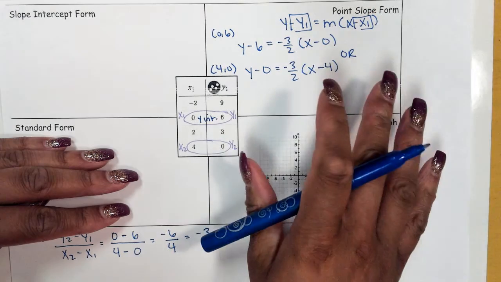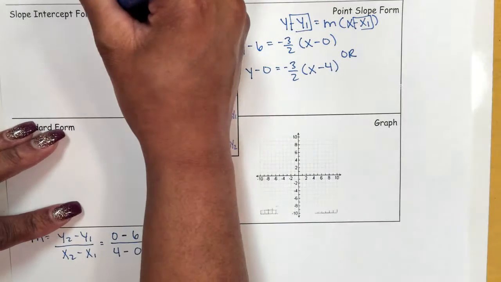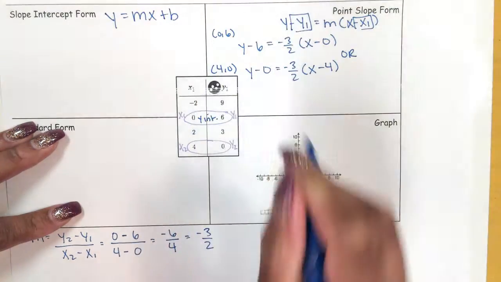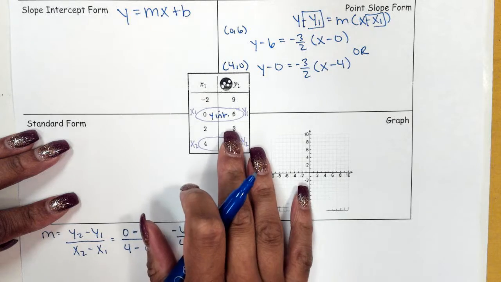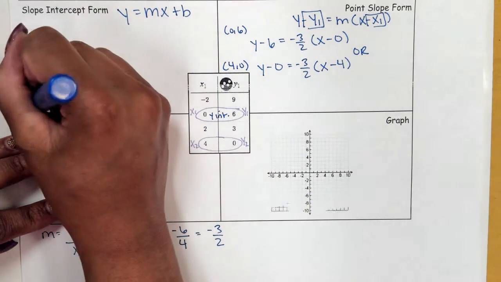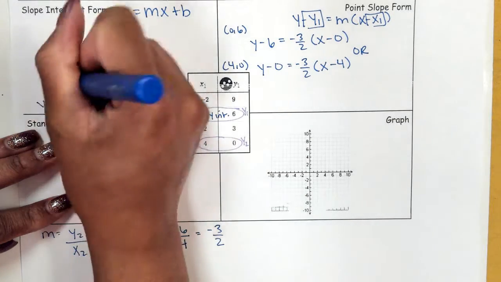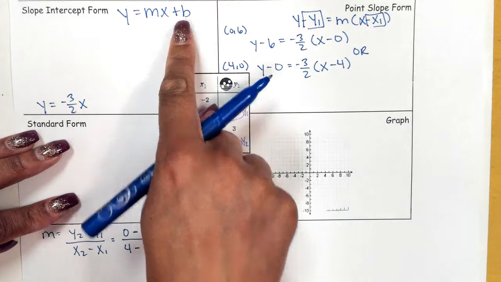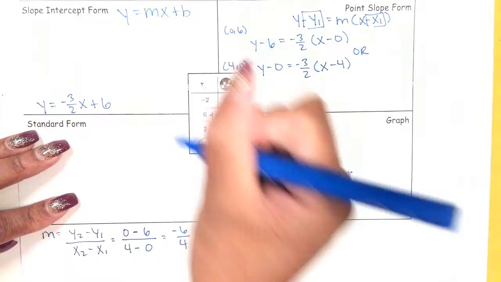Now say I didn't have these, I can go to slope-intercept form. So we know slope-intercept is y equals mx plus b. Okay? So in this case, if I wanted to plug it in, we have y. We know what m is because it's negative 3 over 2. x, and then b is our y-intercept, which is (0, 6). So we put plus 6.